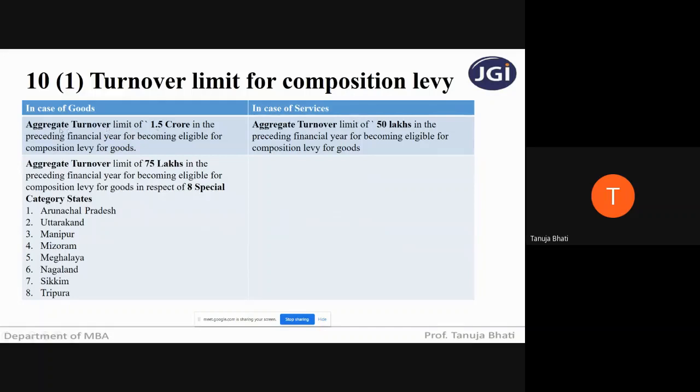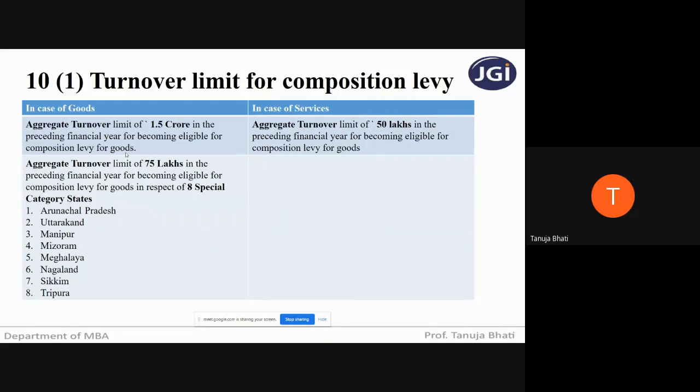So see, there is an aggregate turnover limit of 1.5 crore in the preceding financial year for becoming eligible for composition levy of goods. So any small taxpayer can opt for composition levy if his aggregate turnover does not exceed 1.5 crore in the preceding financial year.